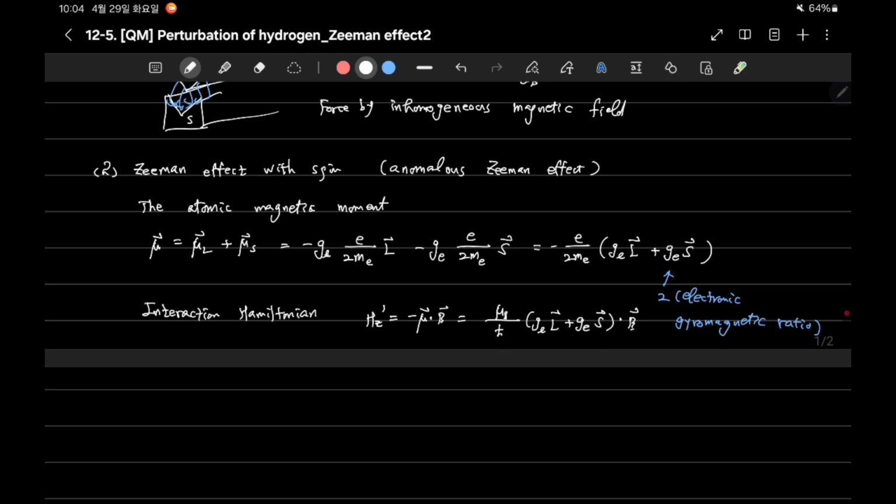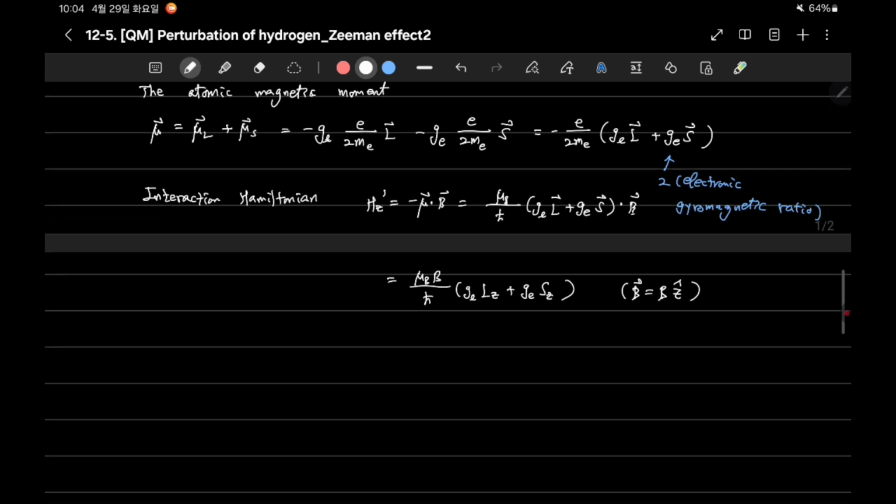Here we also assume that the magnetic field is along the z direction, so it is a constant magnetic field, and mu_B over h bar times g_L L_z plus g_e S_z, because the magnetic field is in the z direction.